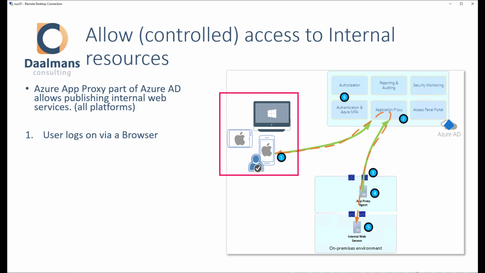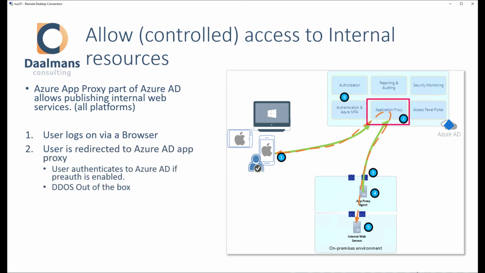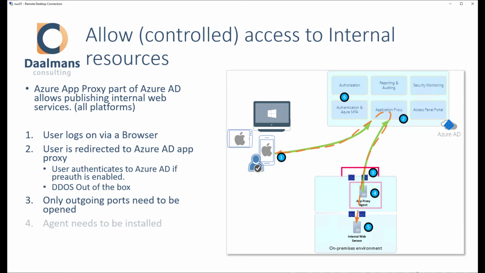We have our mobile device or our Windows device. We log into a browser and connect to a public URL pointing to the Azure App Proxy. And the user will be redirected via that app proxy to the service which is published via the app proxy agent.